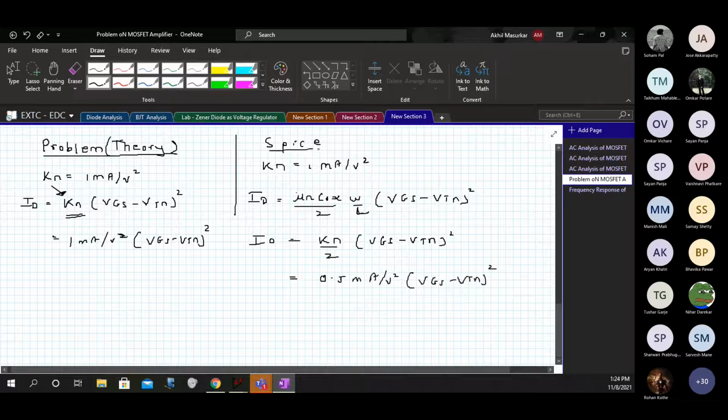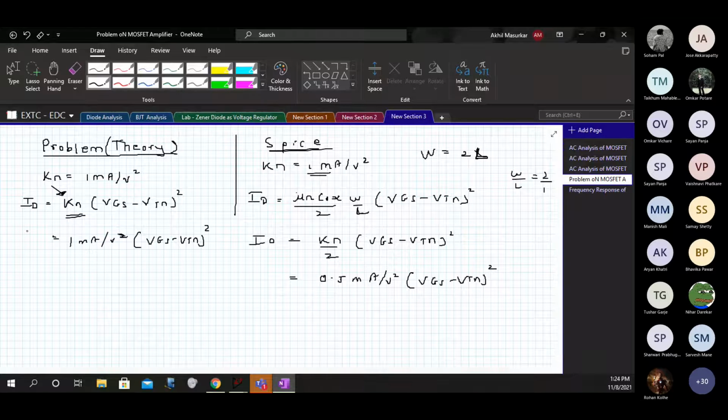So if SPICE is doing this, then we will keep the width twice of length. That means the W by L ratio will be 2 by 1. So now if this ratio W by L becomes 2 by 1, it cancels out this 2, and whatever Kn you are having here is taken as it is inside the problem.